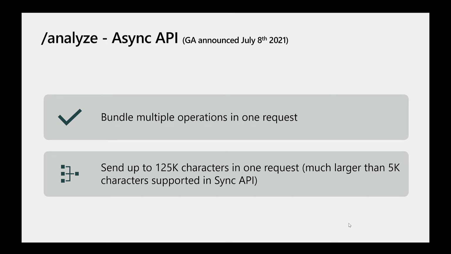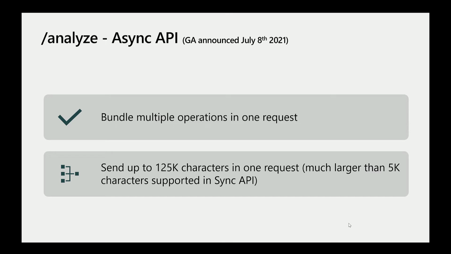So we got feedback from customers asking if this can be improved, and hence we launched the Async API. It's basically the same AI model, the same pricing, but now you can club multiple requests or multiple features in a single request. So you can call sentiment analysis and key phrase extraction and NER in a single call to the service, and you can also send much bigger documents.